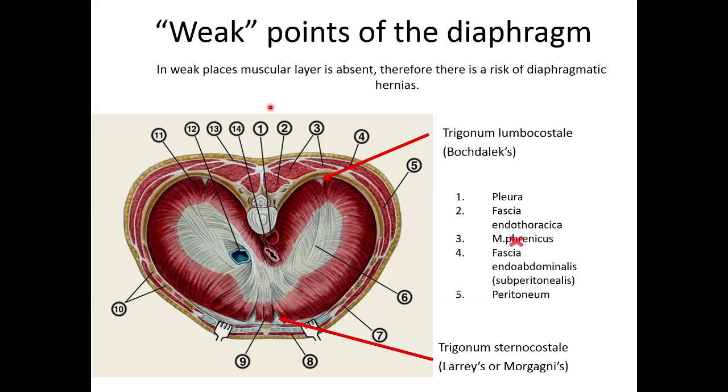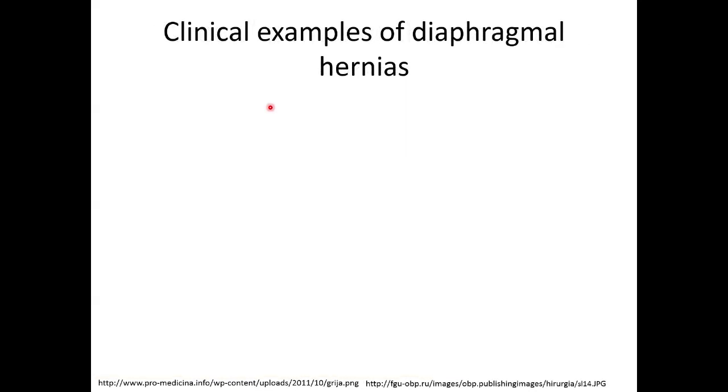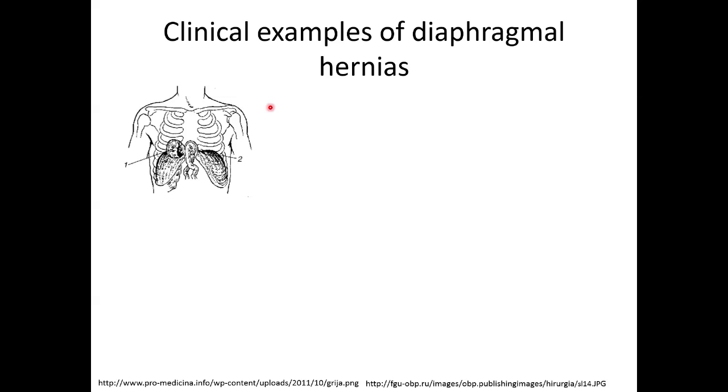So, I remember all 5 layers, and I'd like to demonstrate that the muscular layer is absent here. That's why there are some very serious clinical situations which could be demonstrated in these pictures.